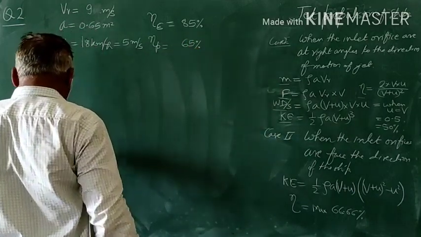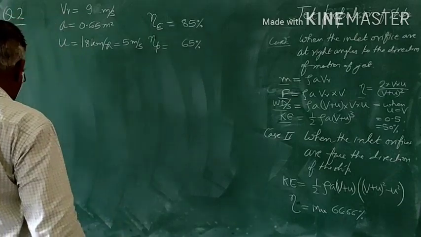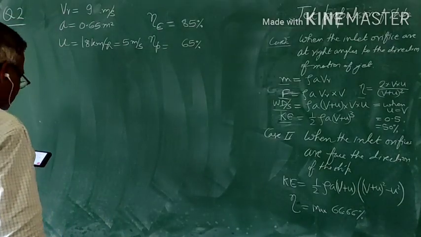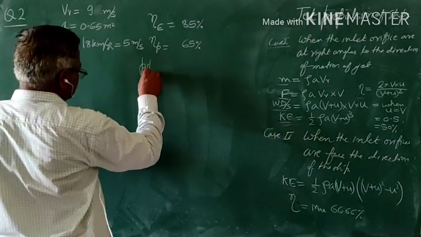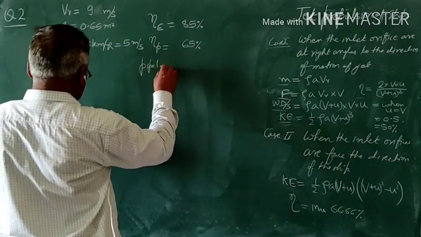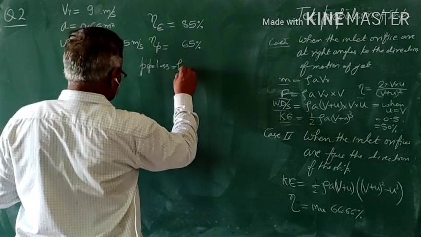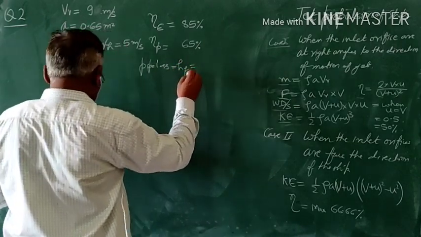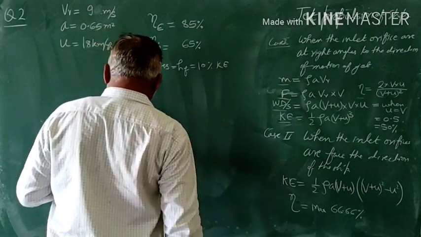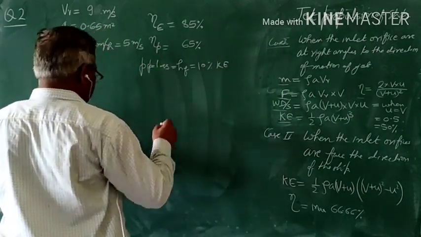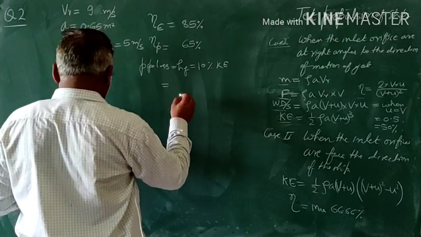Then it is also given that the pipe has a 10% loss of kinetic energy. So the pipe loss HF is equal to 10% of the kinetic energy of the jet.